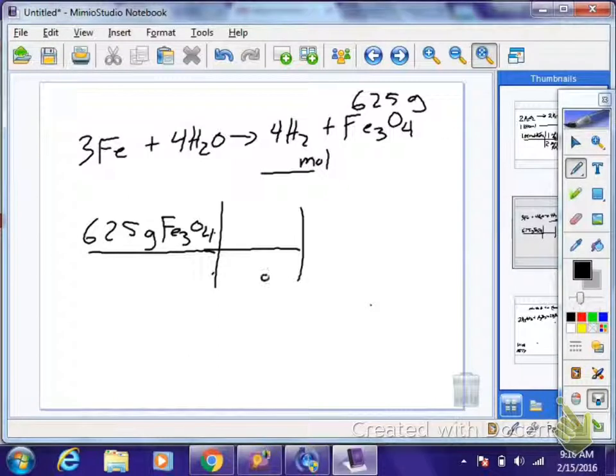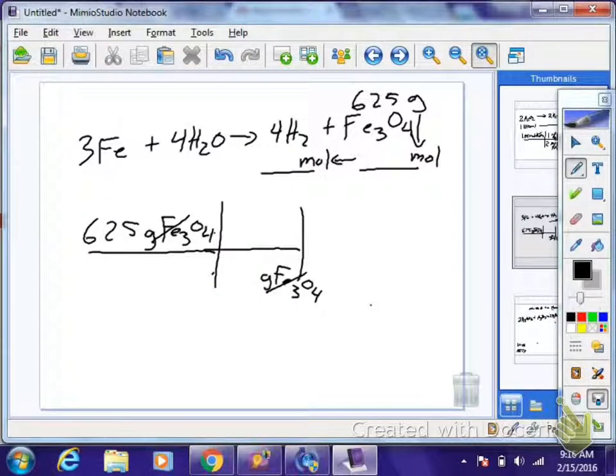So it would be grams of Fe3O4. So they'll cancel out. And so what I need to do is I've got to get the moles of Fe3O4 before I can transition to get moles of H2. I can't go in one step.